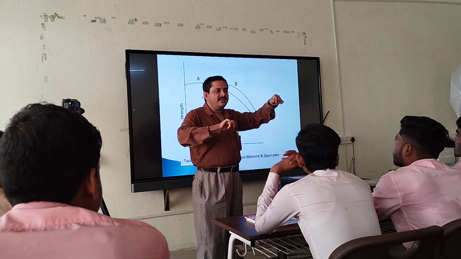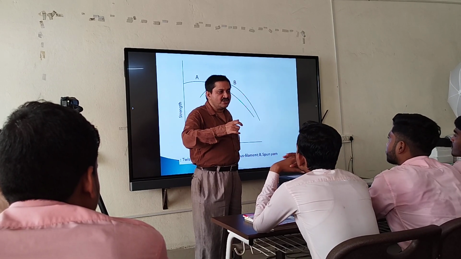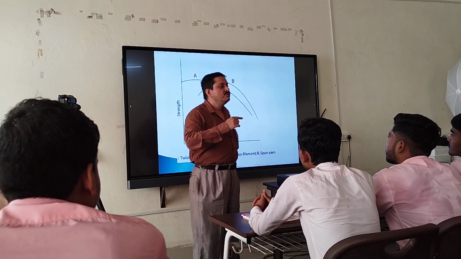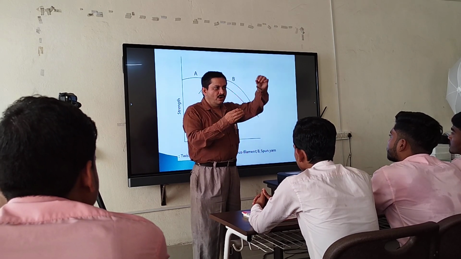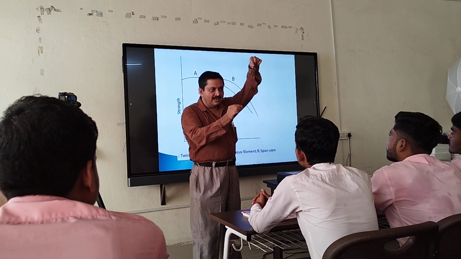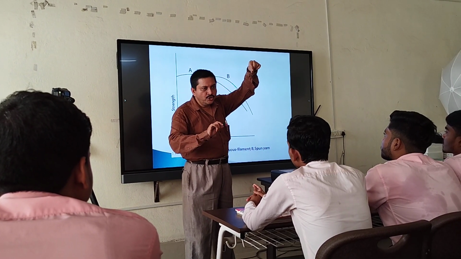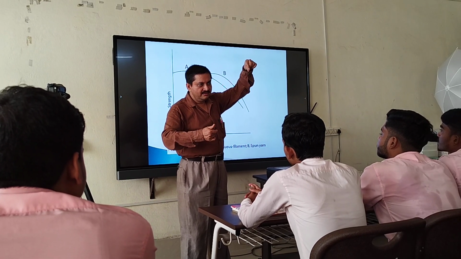So whenever we apply the torsional force, what will happen? The fibers remaining at the outermost layer will move spirally. Suppose you think of a parallel strand of fibers, meaning staple fibers. I am applying true twist, gripping one point and applying the twist. What will happen?